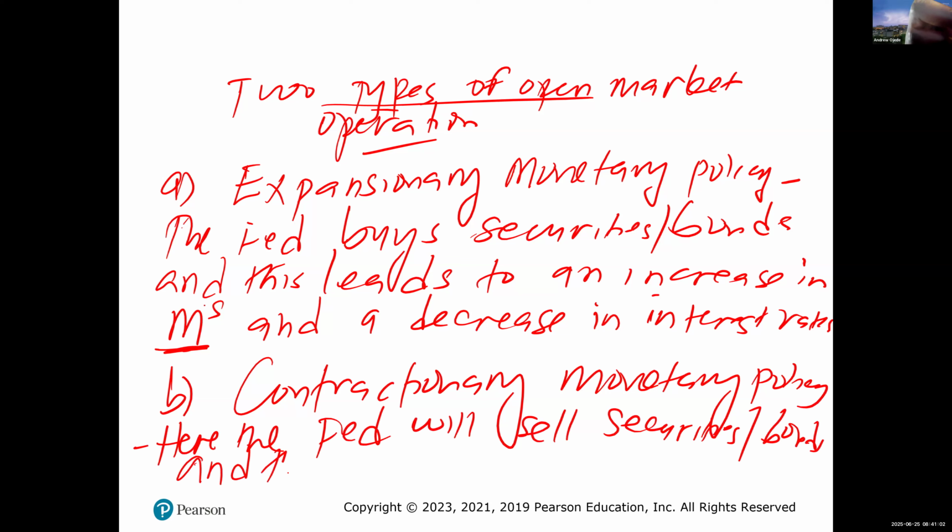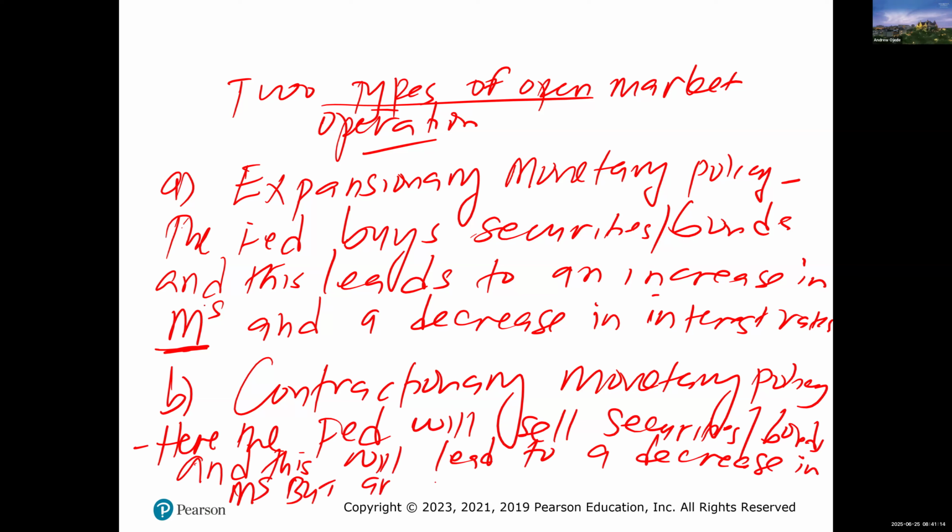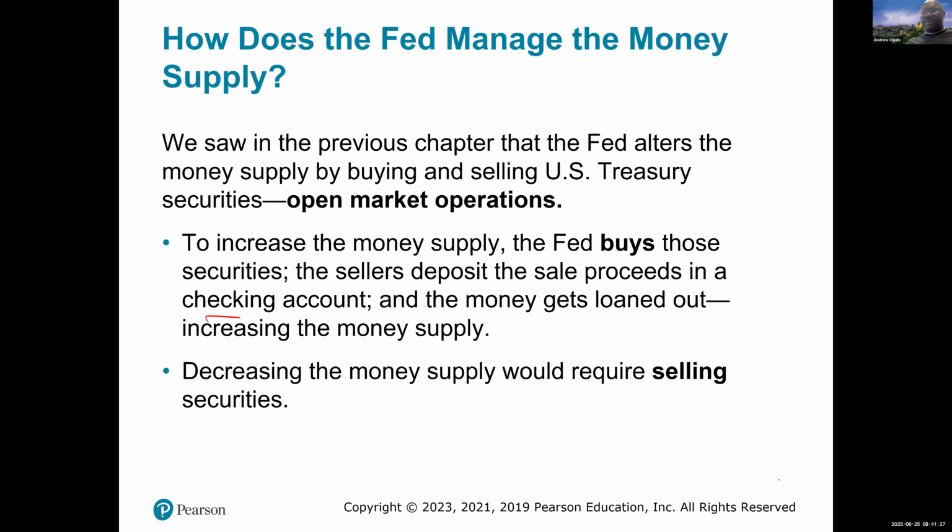And this will lead to a decrease in money supply, but an increase in interest rates. That's right. So that's the difference between contraction and expansion. Now let's talk about it a little bit.